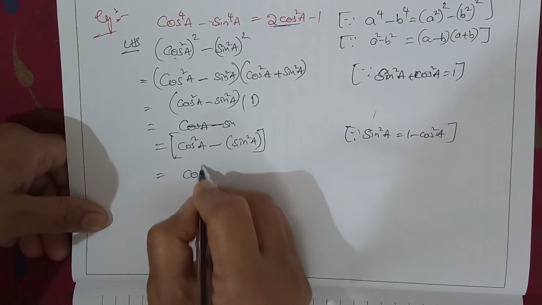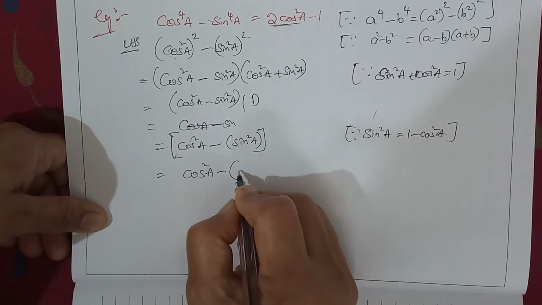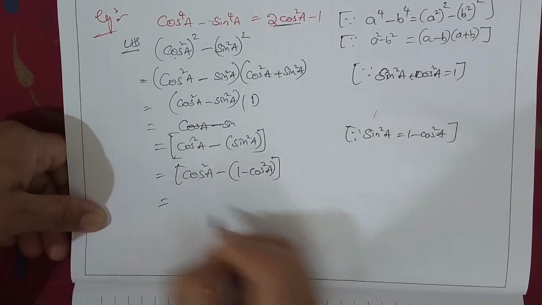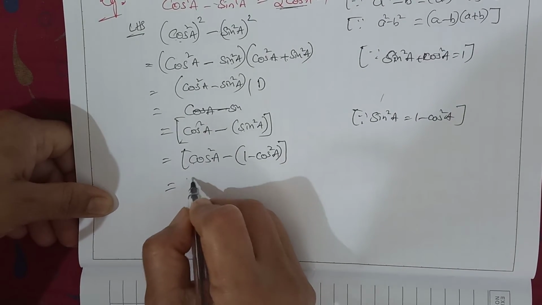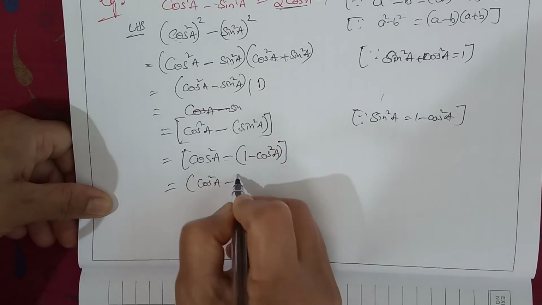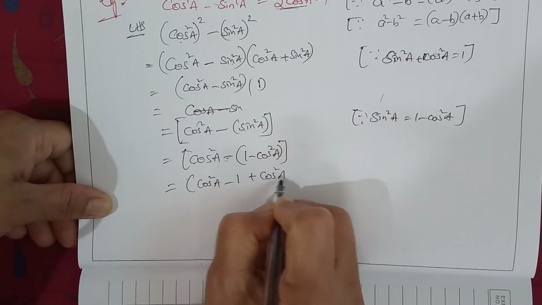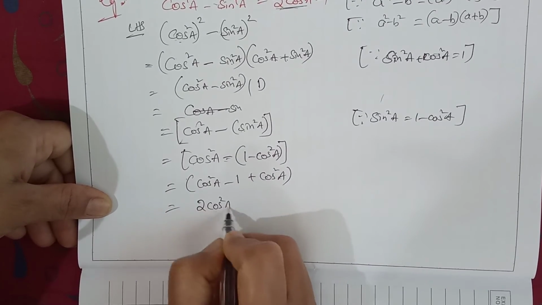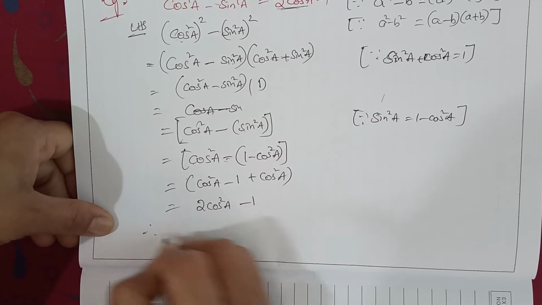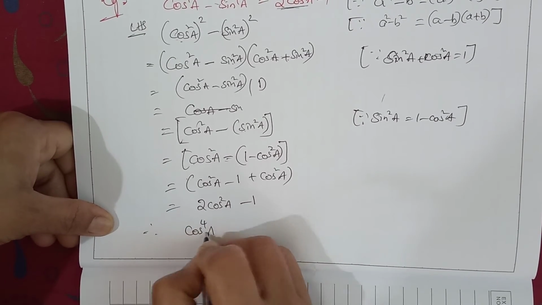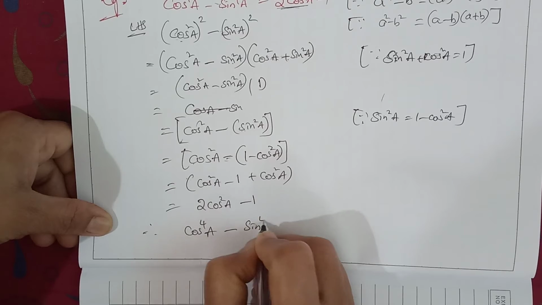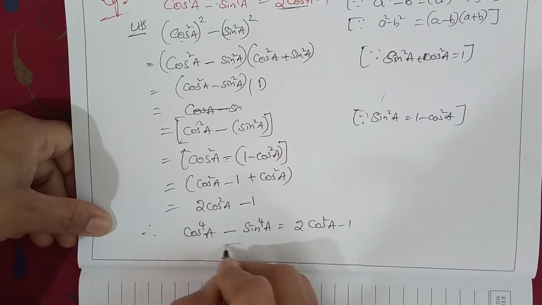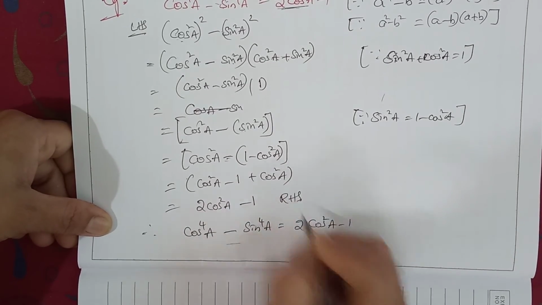So here cos square A minus of 1 minus cos square A. Now cos square A minus 1 plus cos square A. Cos square A plus cos square A is how much? 2 cos square A minus 1. Therefore, cos to the power 4 A minus sin to the power 4 A is equal to 2 cos square A minus 1. This is nothing but the RHS.